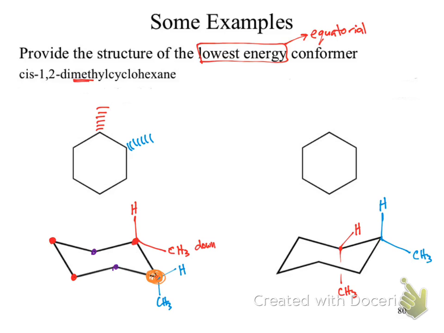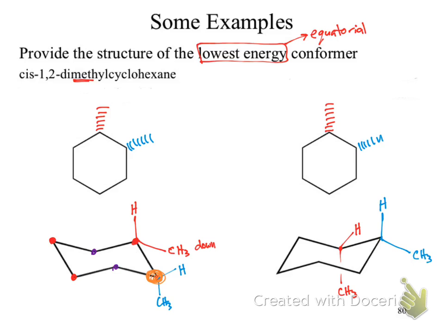What would my overhead view look like? Well, the CH3 was down. And if I go counterclockwise back, there's that one. Everybody agree? What's the difference between my overhead views? They're the same.